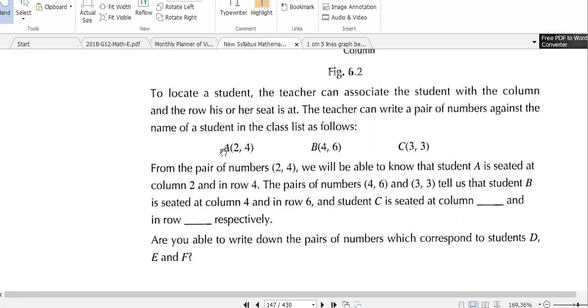The first coordinate, like this A (2, 4), means the x coordinate of A is 2 and the y coordinate of the point A is 4. Similarly for point B, 4 is the x coordinate and 6 is the y coordinate, and for C both coordinates are 3 and 3.